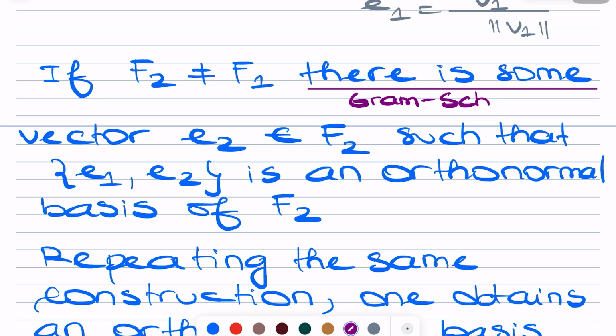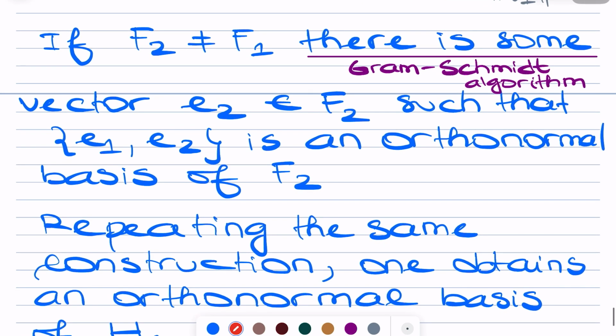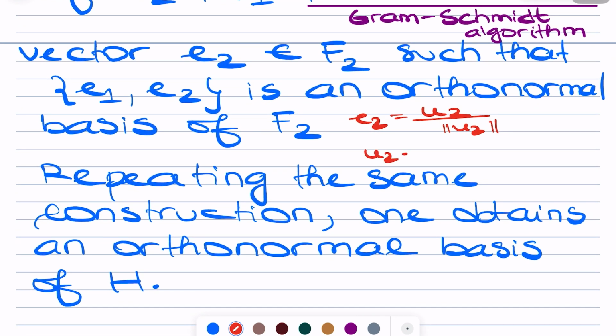For instance, e_2 will be u_2 over the norm of u_2, where u_2 is defined to be v_2, an element of F_2, minus the projection onto F_1 of v_2.